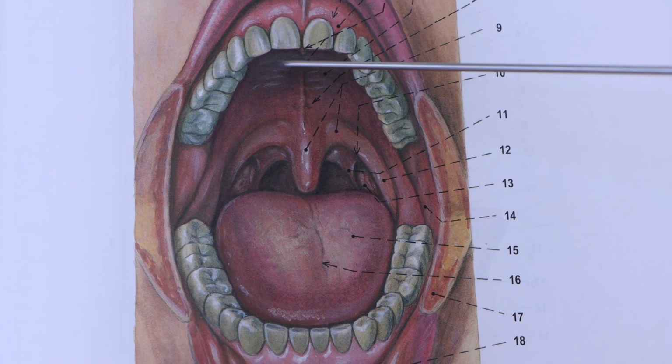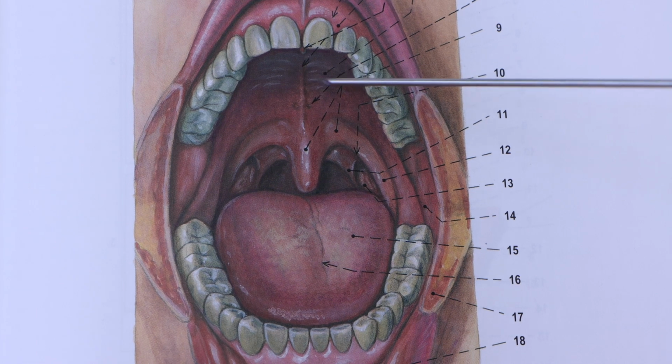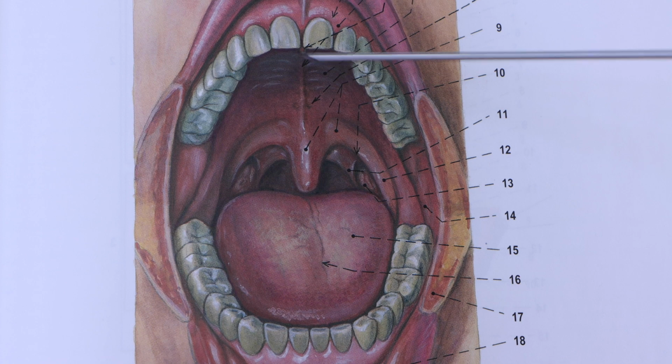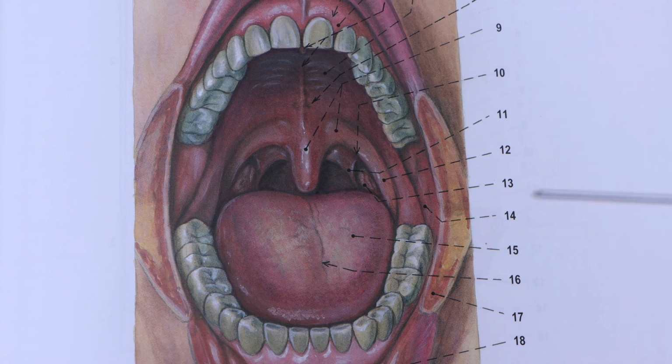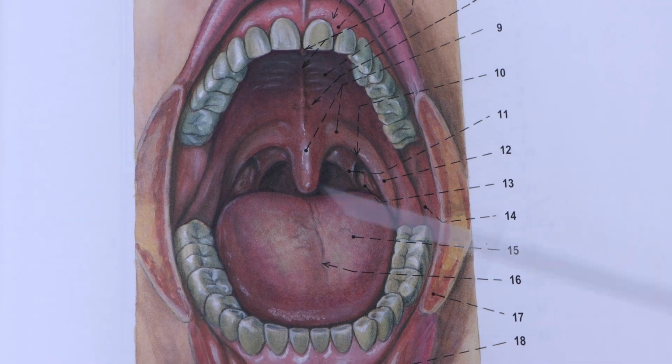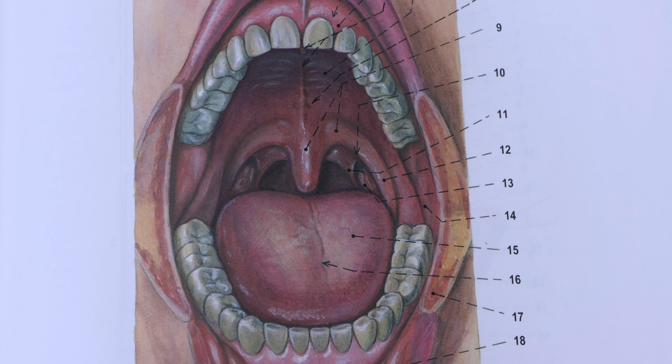On the surface of the mucous membrane of the palate, you can see a few folds called the transverse palatine folds, and around this area in the dorsal region you can mainly find the palatine glands, which belong to the minor salivary glands.